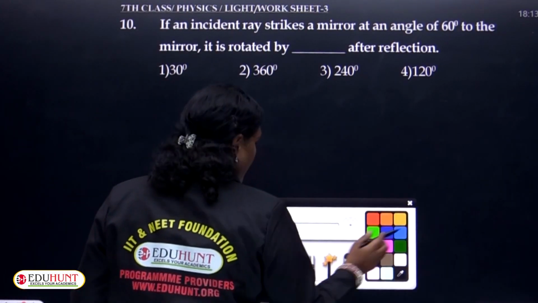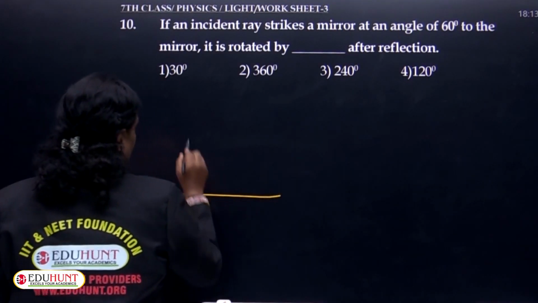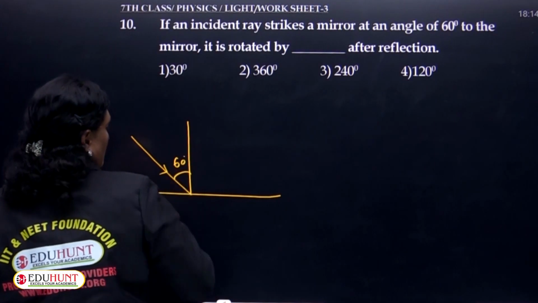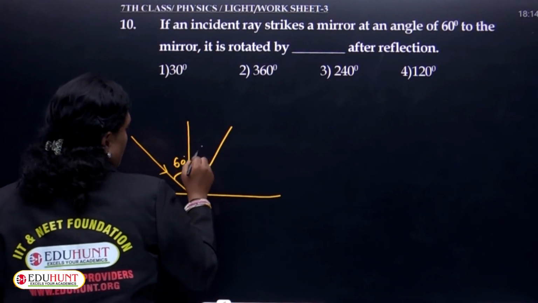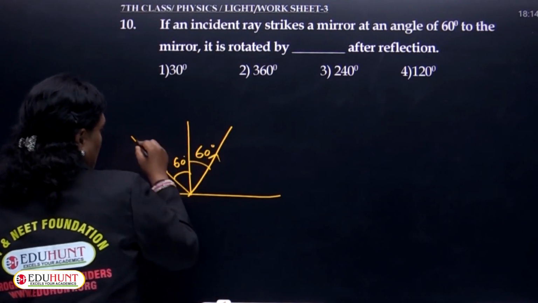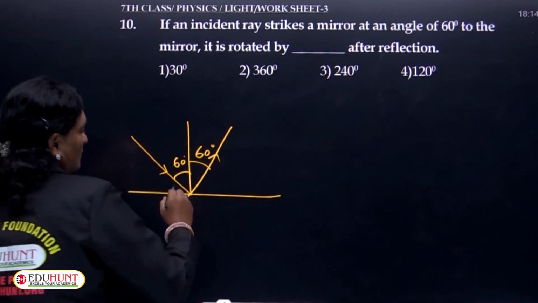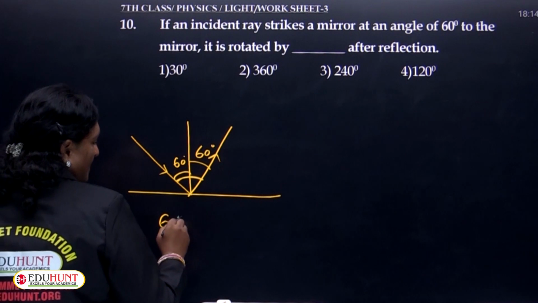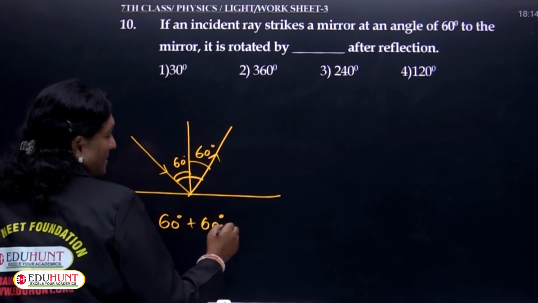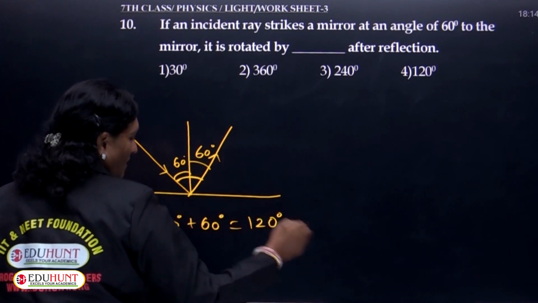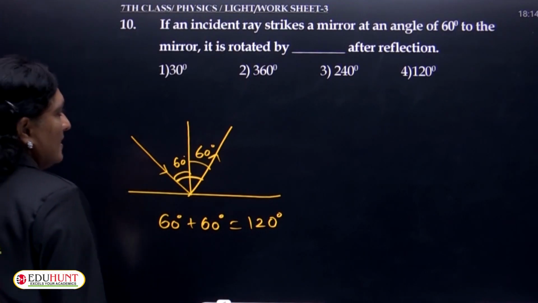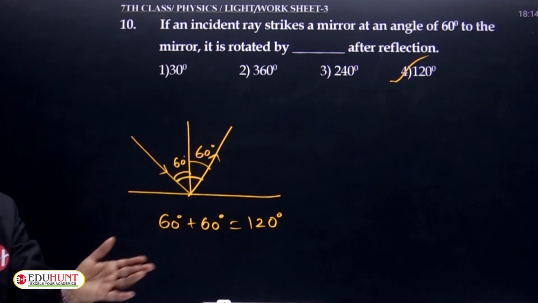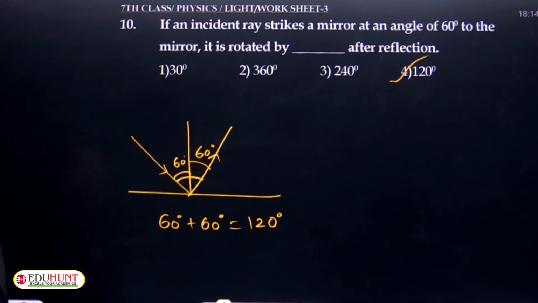So what is that, children? The incident ray goes here and comes back like this. So totally it is deviated by 60 degrees plus 60 degrees. It is found to be 120 degrees. That's it, children. So option 4 must be true. It is totally deviated by 120 degrees.